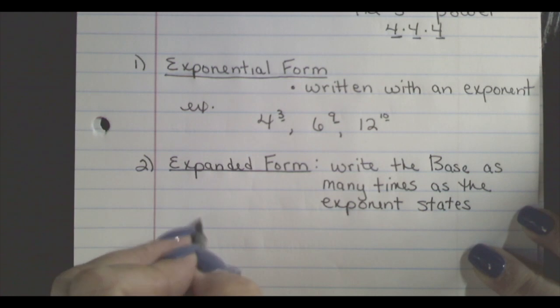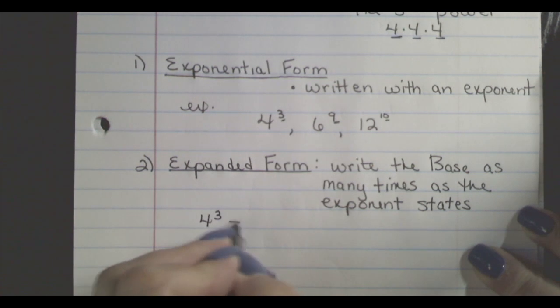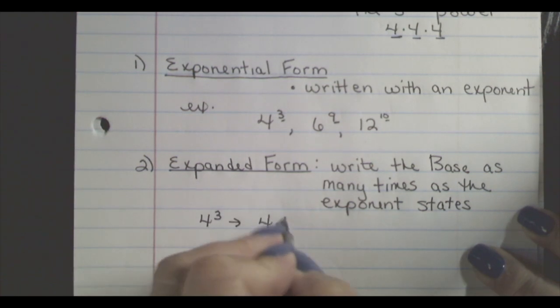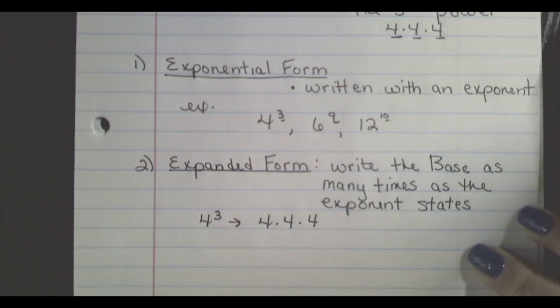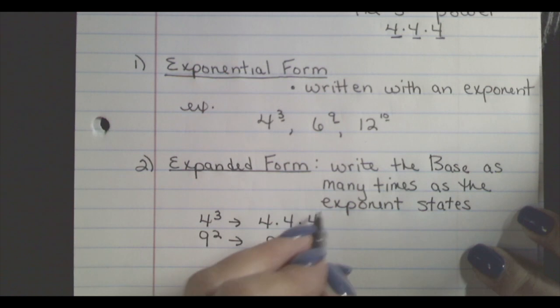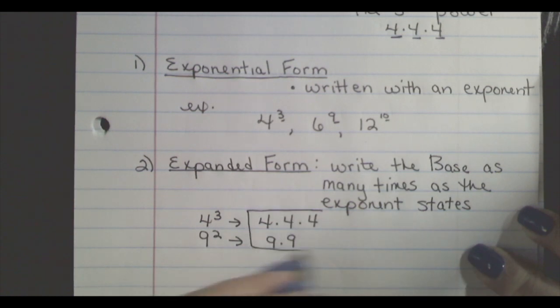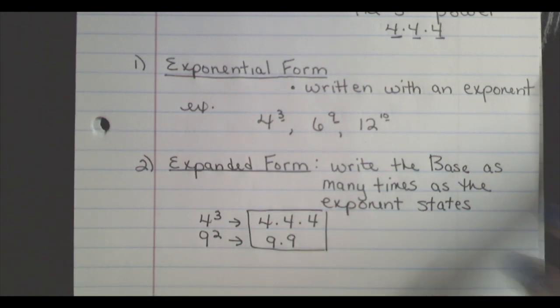So when we have 4 to the third power, that means my base of 4 is multiplied 3 times. 9 to the second power, 9 times 9. This is expanded form. You should be able to go from exponential form to expanded form very easily.